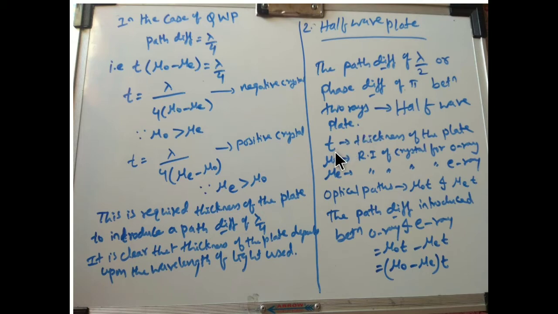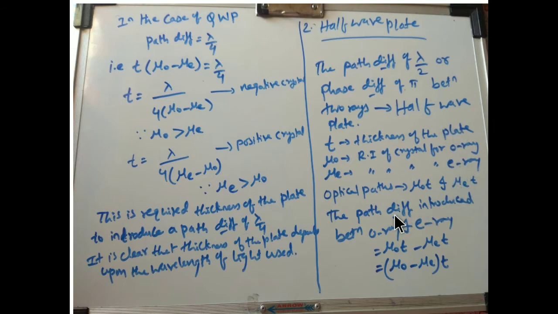In the same way, let T be the thickness of the plate, mu naught the refractive index of the crystal for the ordinary ray, and mu e the refractive index for the extraordinary ray. Their optical paths are mu naught into T and mu e into T, as in the earlier case.